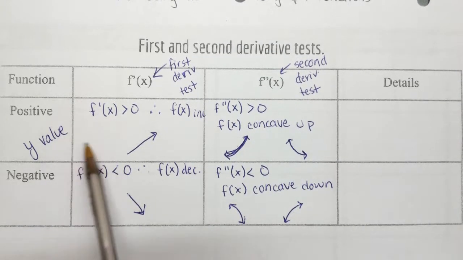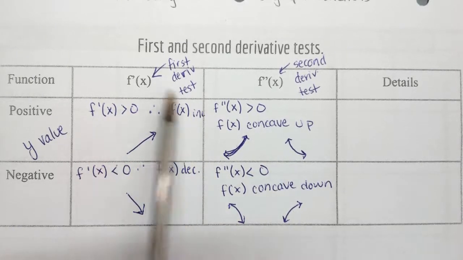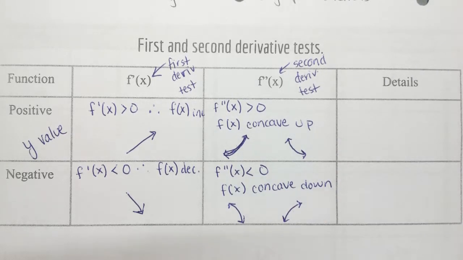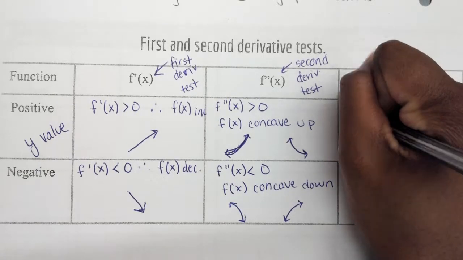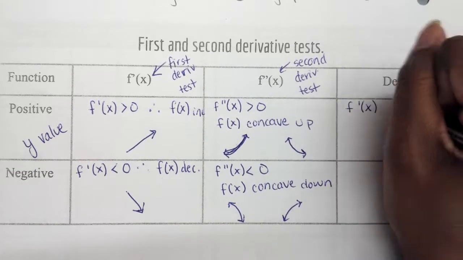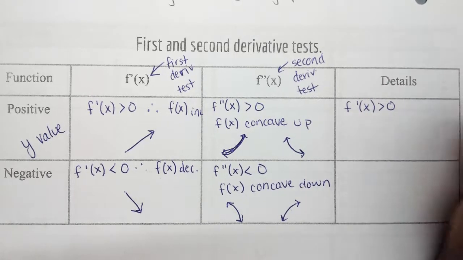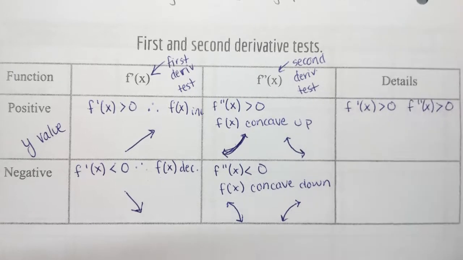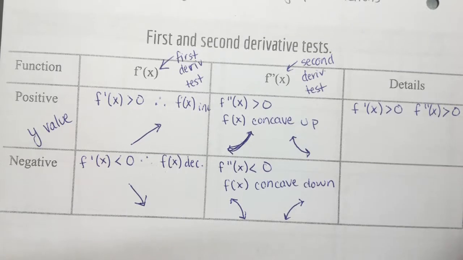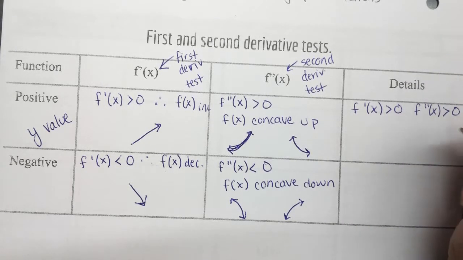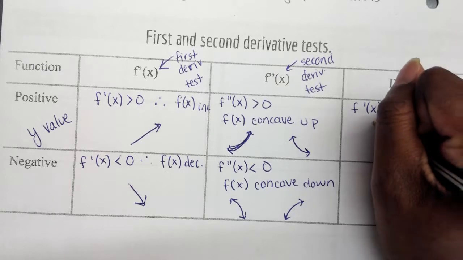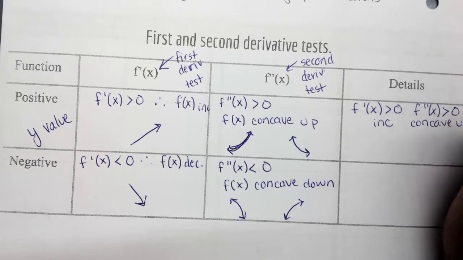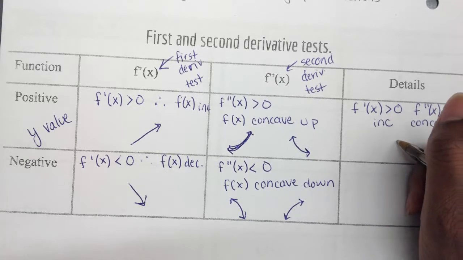So if we have a positive first derivative test and a positive second derivative test, so if f prime of x is greater than 0 and f double prime of x is greater than 0, then we have a situation where we have an increasing concave up, which looks like this.